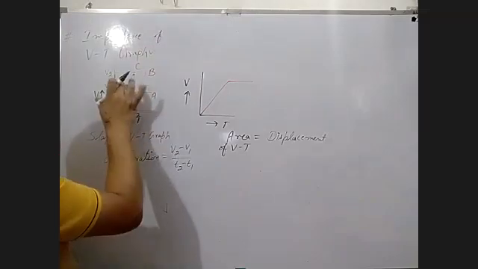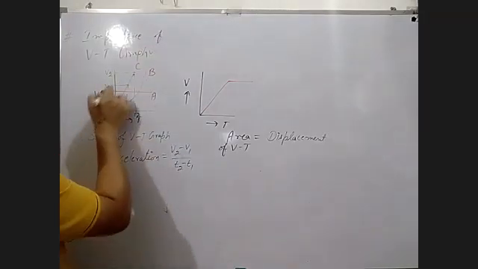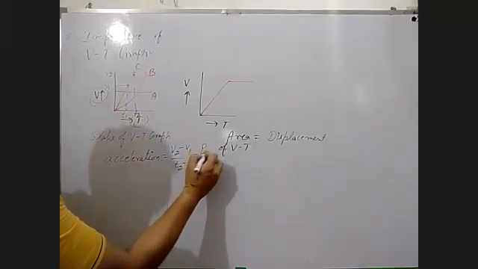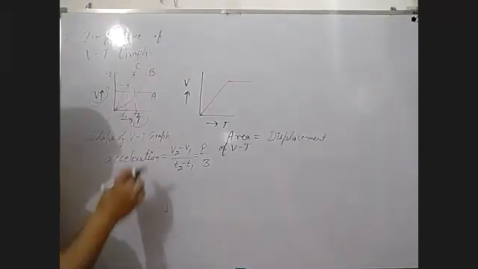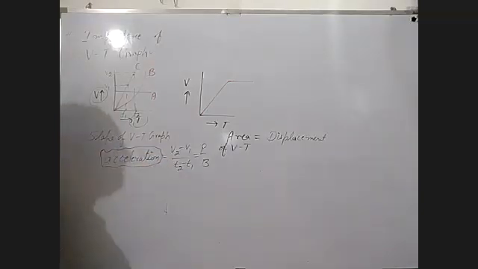If we are taking the perpendicular upon base ratio, meaning velocity upon time, in the perpendicular is velocity and in the base is time, then we can calculate the value of acceleration.